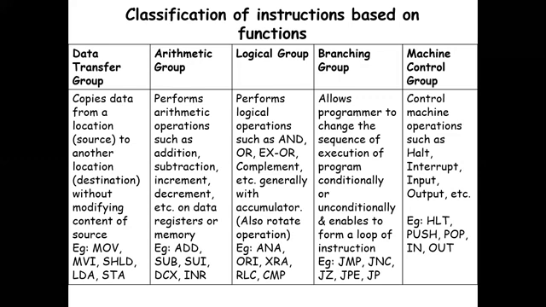Machine control group controls machine operations such as halt, interrupt, input, output, like halt, push, pop, in and out. So this is the complete classification of the instruction set in 8085.